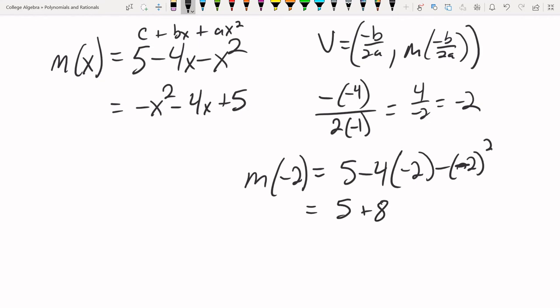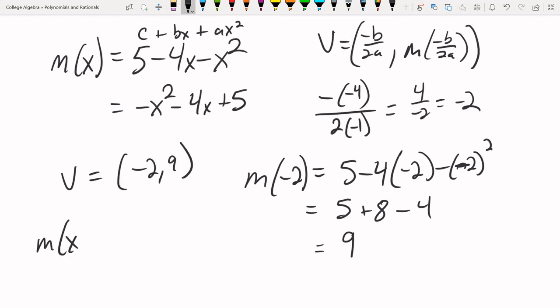5 plus 8 minus 4 giving us 13 minus 4 is 9. So our vertex for this quadratic is negative 2, 9. And I can actually write this in vertex form quite easily. A here is negative 1.